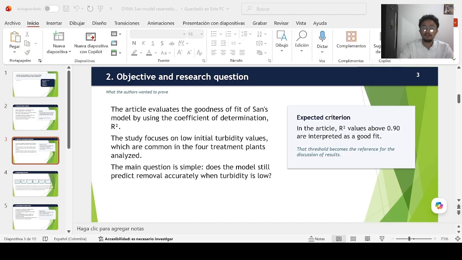That is a very practical question because a model can be mathematically elegant but still not fit real data. In the article, a value above 0.90 is considered a good fit, so that threshold becomes the reference point for interpretation of the results.